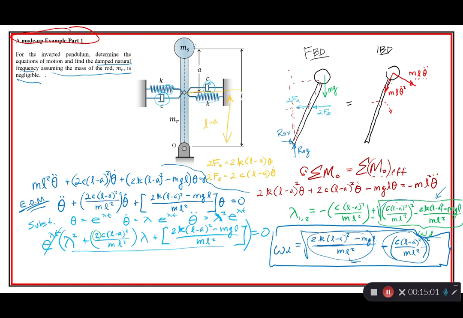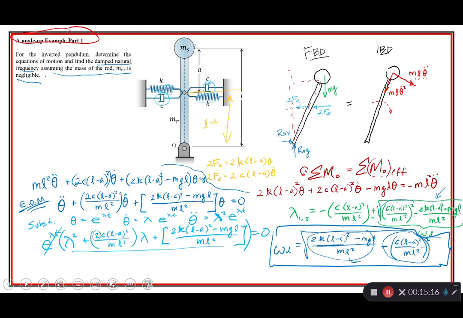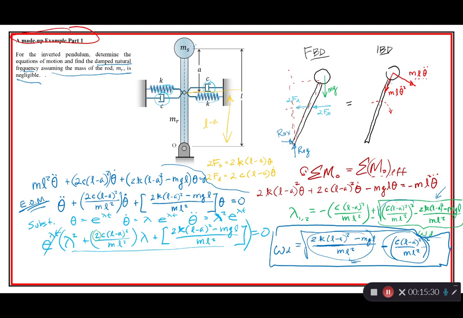Let's take the MGL, minus the mass is 10, 9.81, and the length is 0.5. All of that divided by ML squared. So we're going to have mass 10, and then the length of it is 0.5 squared. Now we're going to go minus CL minus A squared.